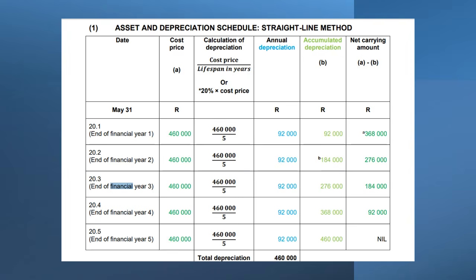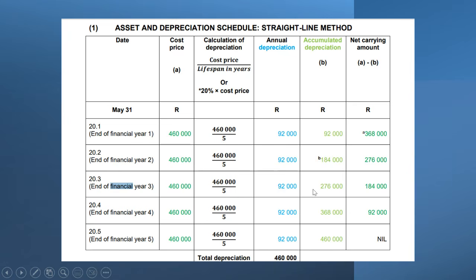You will do the same even for year three. Year three, you follow the same calculation that we've been doing. You will also realize that this machinery was with the entity for the full 12 months, so the annual depreciation will remain as 92,000 rand. And what will happen to our accumulated depreciation?